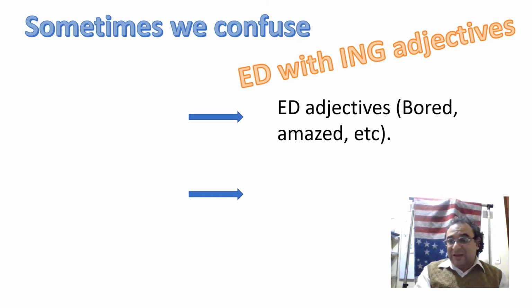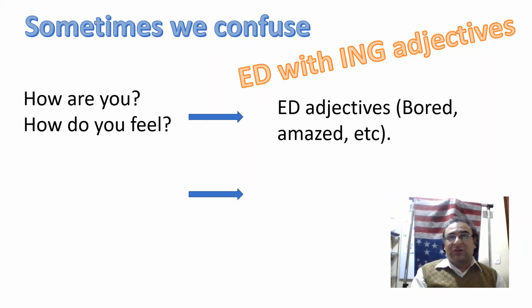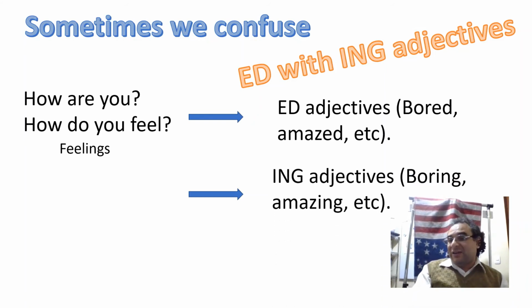So ed adjectives, as I mentioned before, and these are past participles as adjectives, like bored, amazed, etc., are used to talk about feelings. They answer the questions, how are you, how do you feel, how is she, how does she feel, how is she doing, right? So feelings, remember how people feel. And the ing adjectives, that are not past participles, they are called present participles.